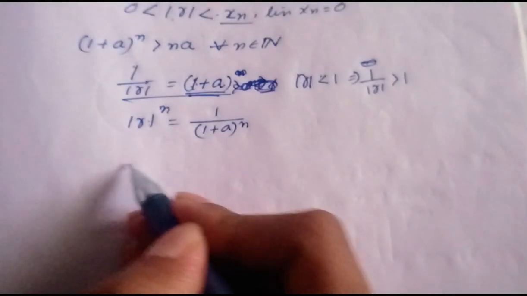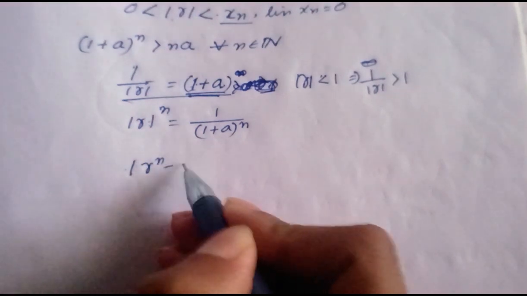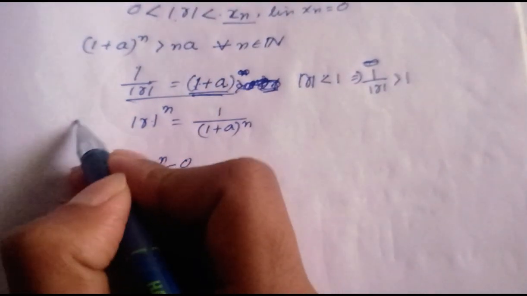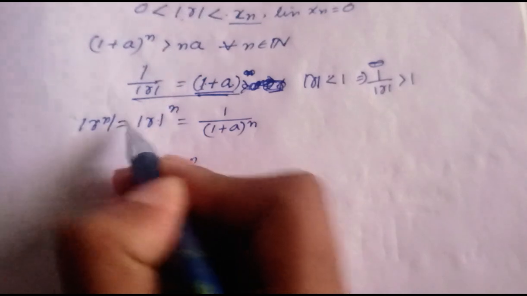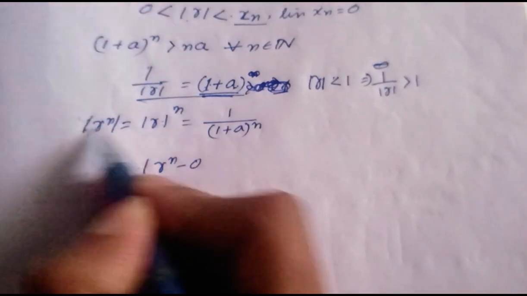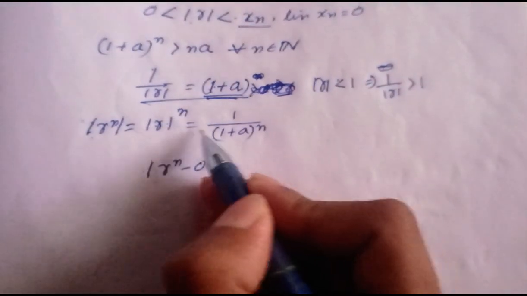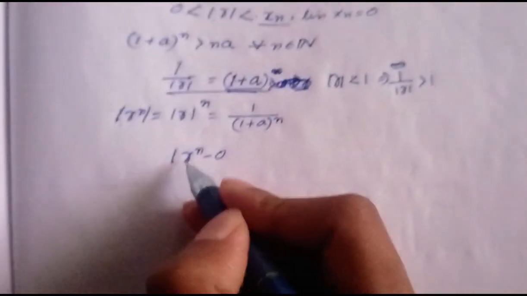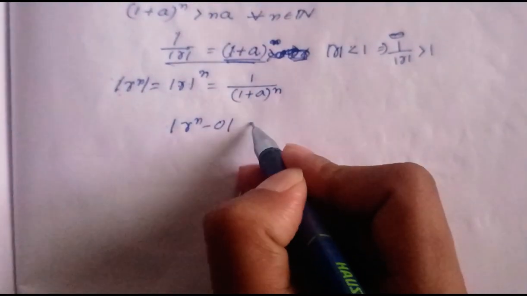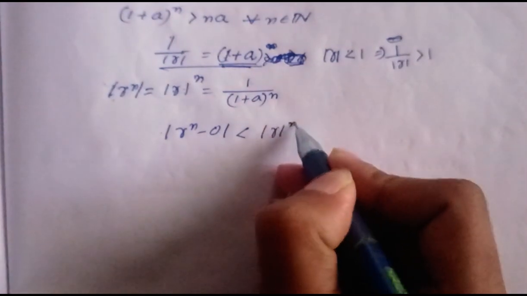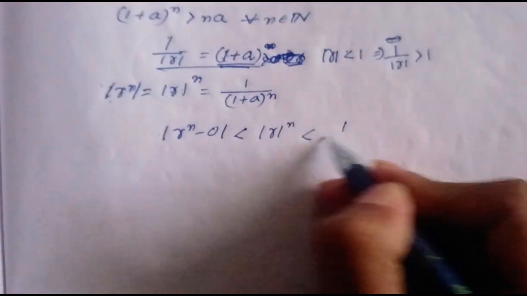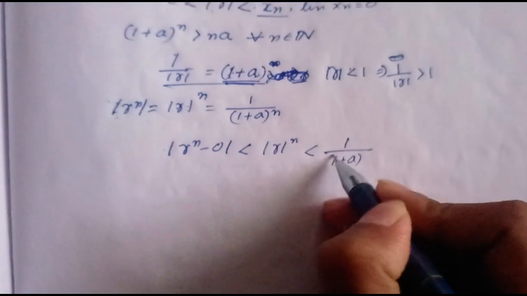Now, mod of r to the power n minus 0 equals mod of r to the power n, which equals 1 by 1 plus a to the power n.